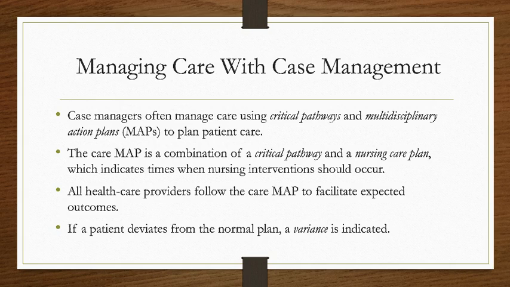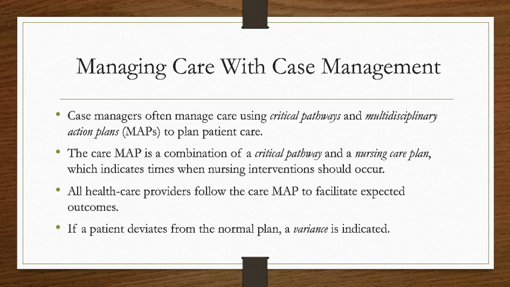And they're dovetailed together to provide a comprehensive care plan that covers all of the medical components, all the steps through an illness and the treatment, and then how the nurse will intervene throughout each of those episodes. So the idea is that the multidisciplinary action plan or the MAPs are more coordinated, and because they're coordinated across disciplines, there's efficiency and efficacy through that process, and you save money.